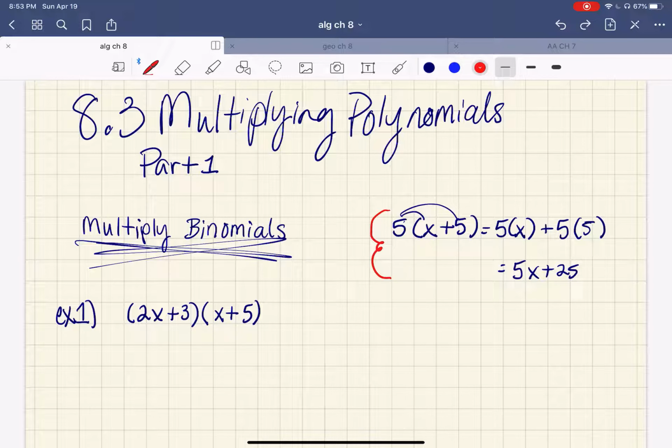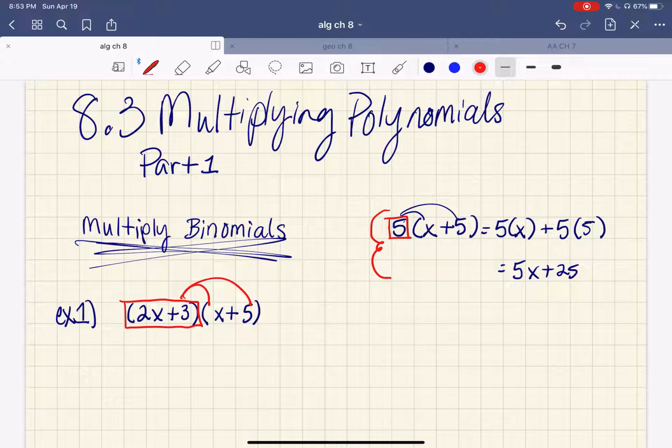And the trick here is, I'm going to box up this 2x plus 3, and then just like I did with the 5 here, the 5 gets multiplied by each of the terms of the binomial. I'm going to multiply this binomial by each of the terms of the binomial.